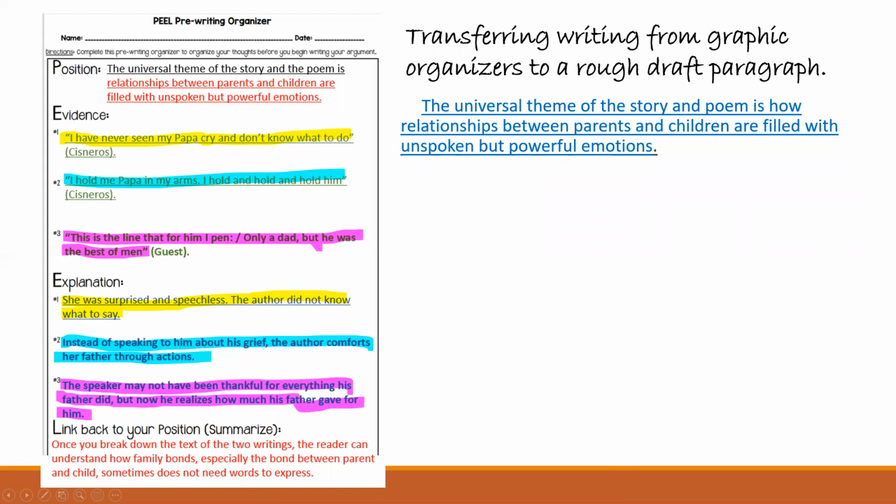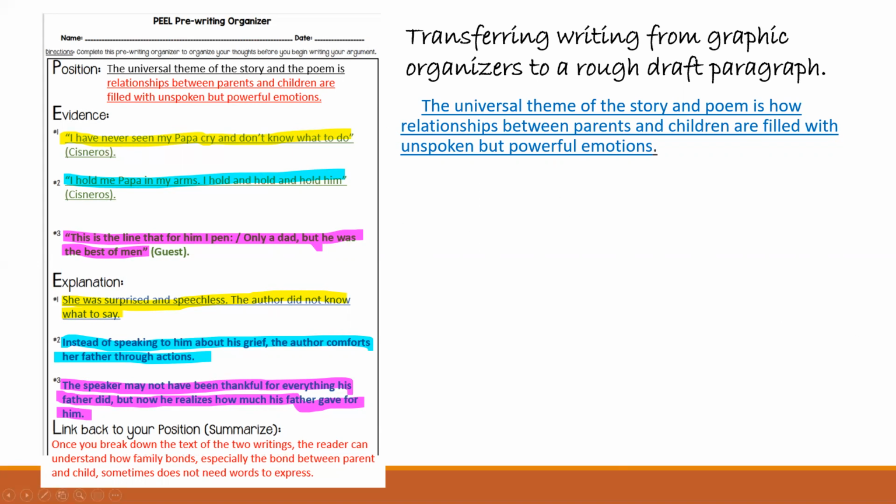All right. So then we go into our first piece of evidence and explanation. However, just starting off with the quotation marks just like that is not going to be enough. It's not going to fully connect it. It's not going to be grammatically correct.